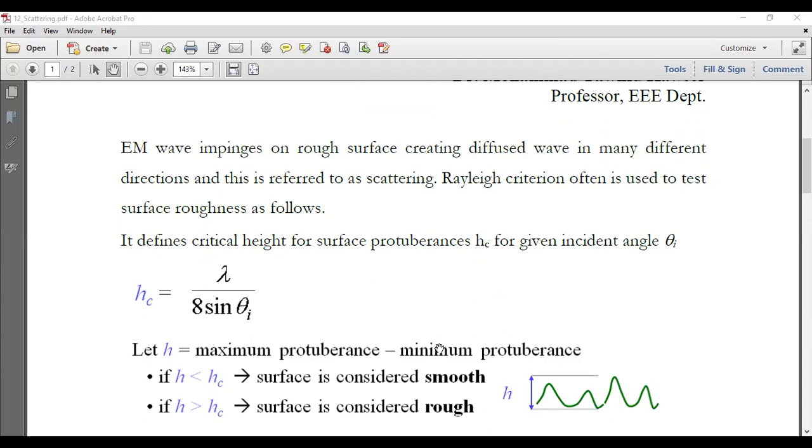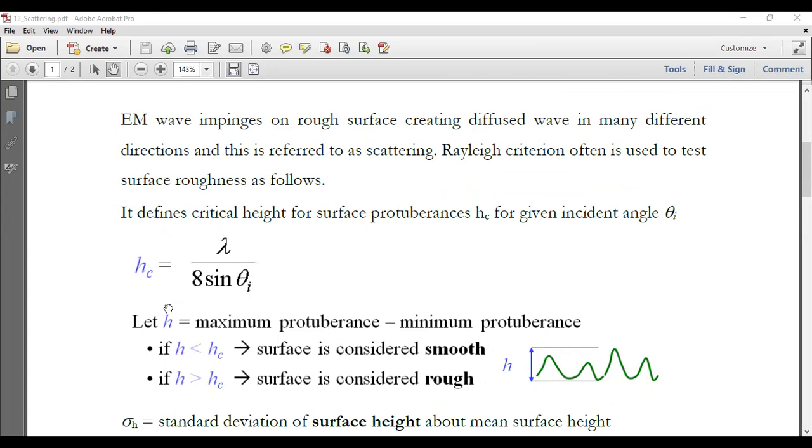So the Rayleigh criterion is a way to differentiate whether the surface is smooth or rough. If it is smooth, then reflection will take place. If it is rough, then scattering takes place.